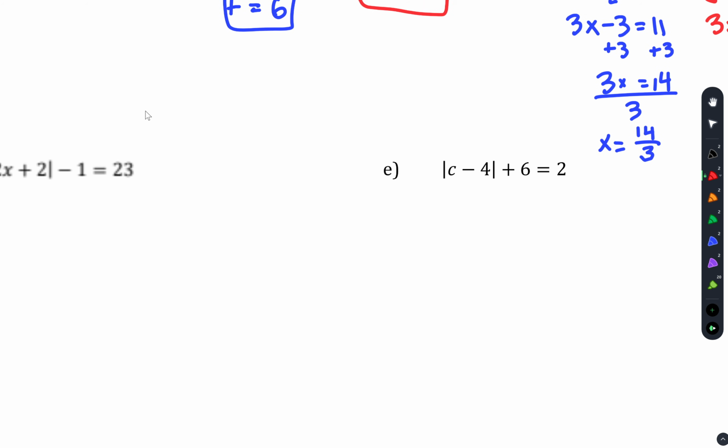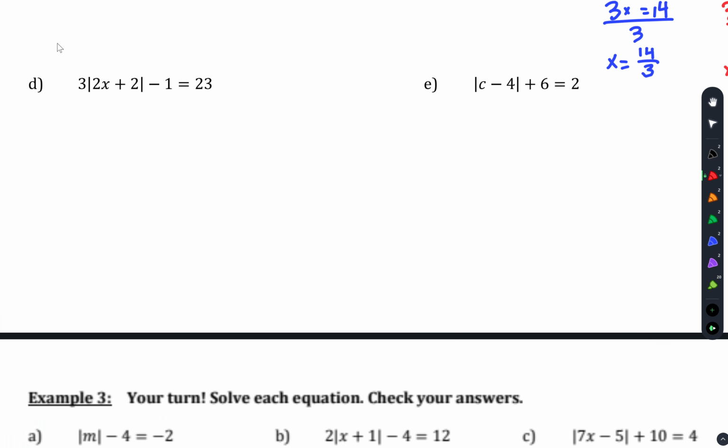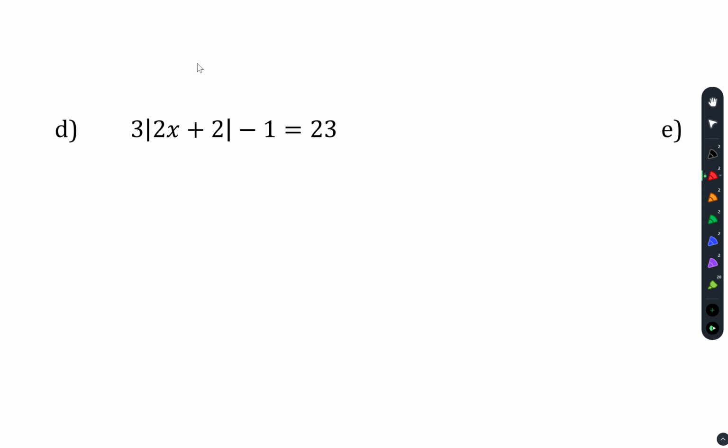Okay. What about letter D? What does my first step have to be in D? What's the first step? Anybody? Adriana?